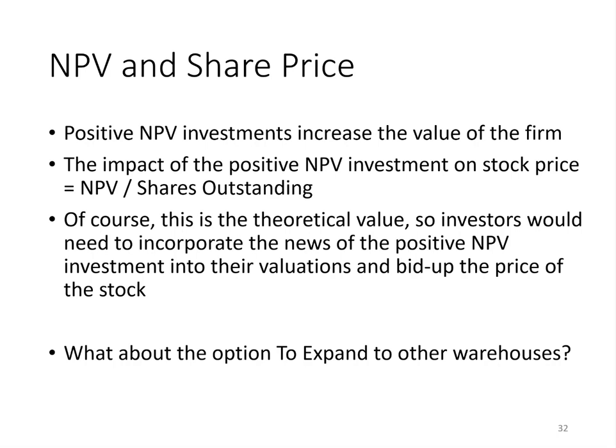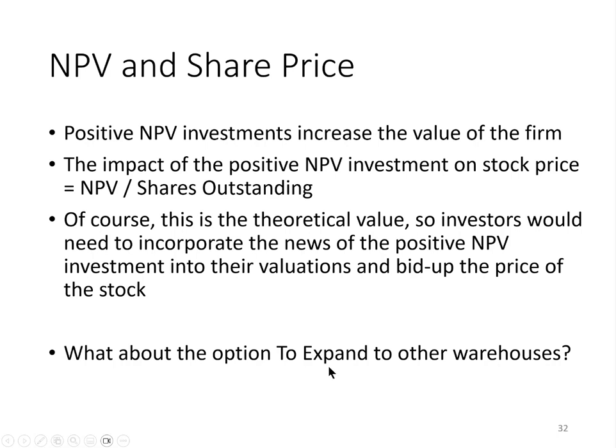So if you created an NPV of $16 million and you would divide that by the number of shares outstanding at Walmart, in theory, that should be the impact of the project on the stock price. However, the market needs to figure that out, so you might need to do a press release. You need to get that information.